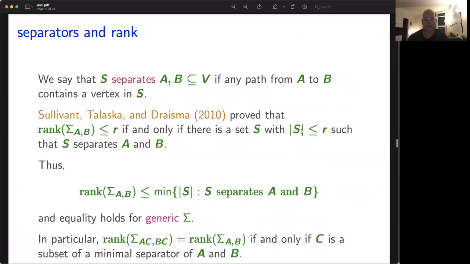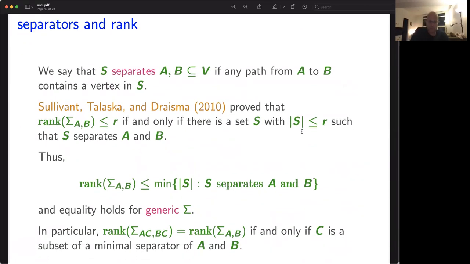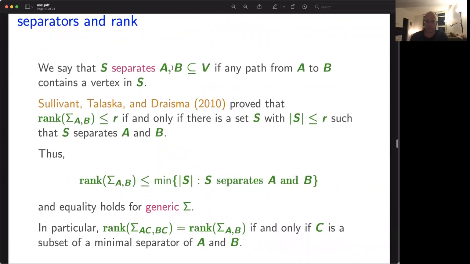But luckily, there's this beautiful algebraic property that was proved by Sullivant, Talaska, and Draisma, that has the following property.